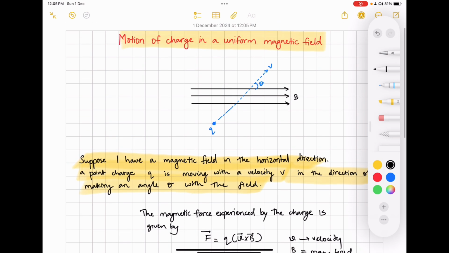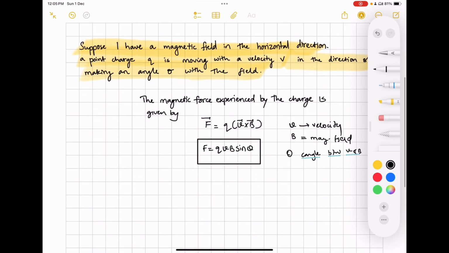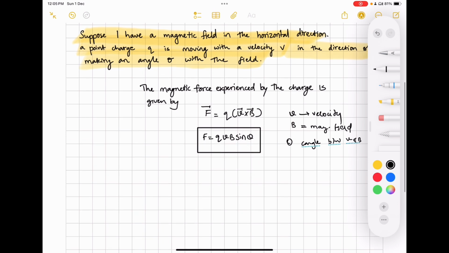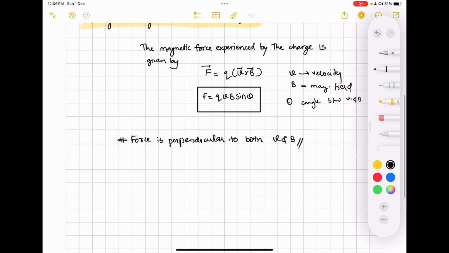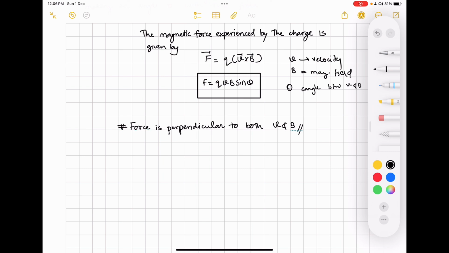Here it is a cross product of V and B. Therefore, note this point: force is perpendicular to both V and B. So that's the force experienced by a charged particle in an external magnetic field.